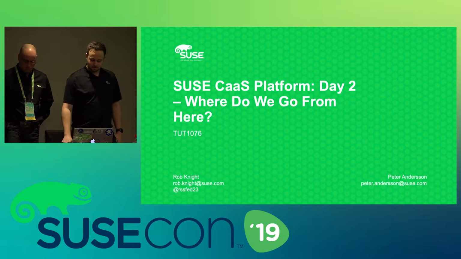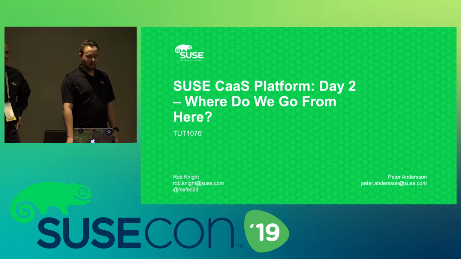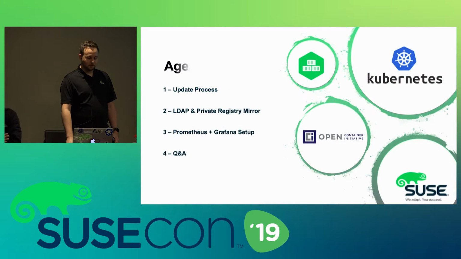And so today we're going to talk and actually show a little bit of the day two activities, or things to be aware of, with SUSE CaaS Platform. We're going to start off by talking about the update process, how it works in the transactional update world.